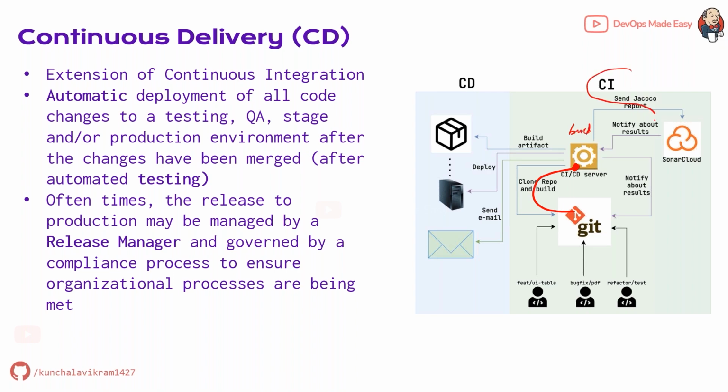This is the integration part. Once integration is done, we have the CD part where the build artifact will be either containerized and run as a container, or copied into a server like a Tomcat server for the deployment. In the CD part, if the deployment is successful, you will send an email saying so. If the deployment has failed, you can say that deployment has failed.